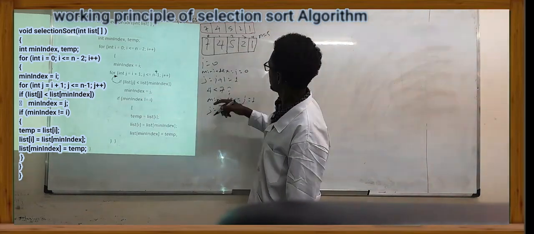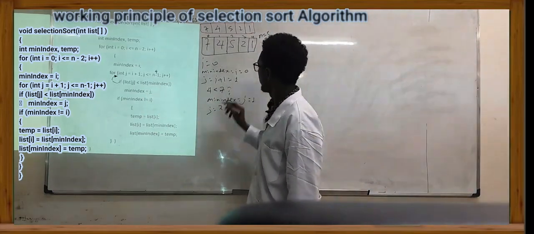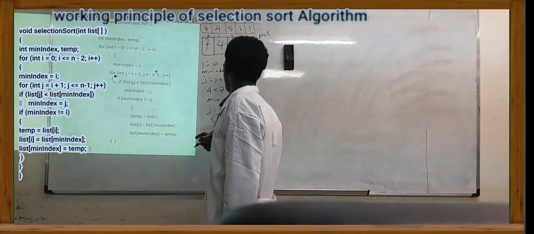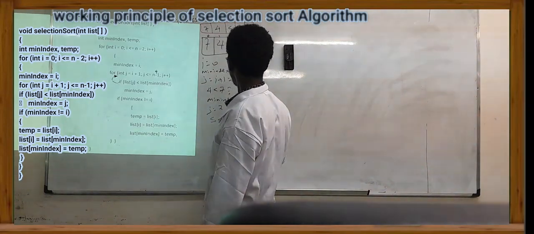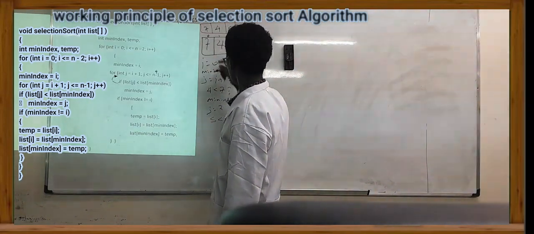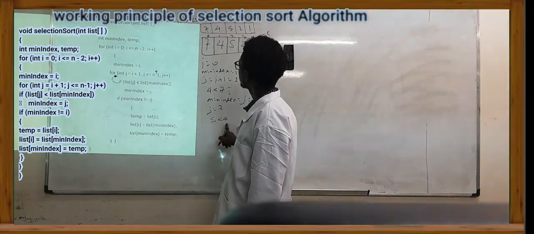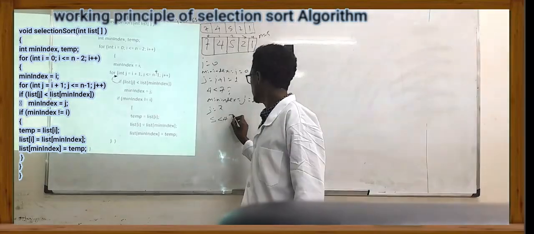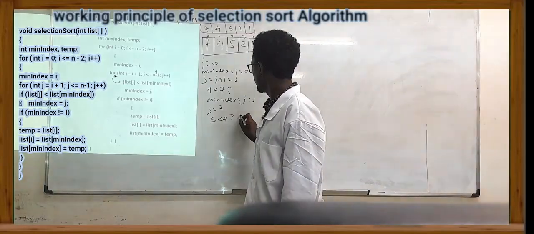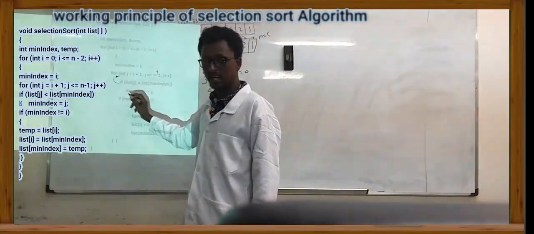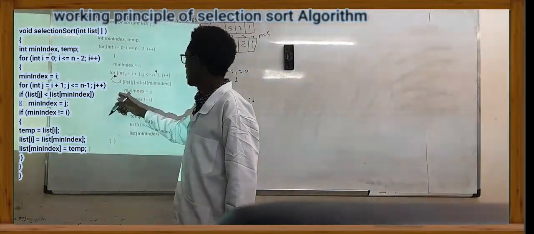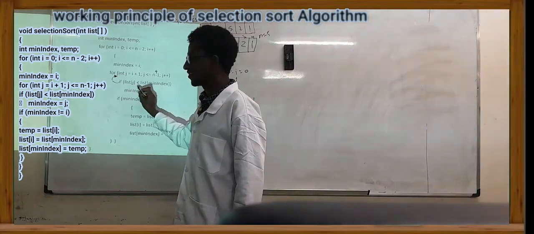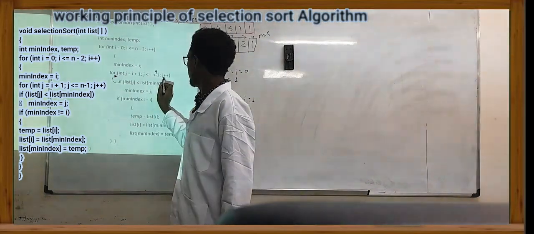List of 2 is 5. Min index is 1, so list of min index is 4. Is 5 less than 4? Is this statement true? No, wrong. Therefore, we go back to the for loop without changing the min index value, and j plus plus.